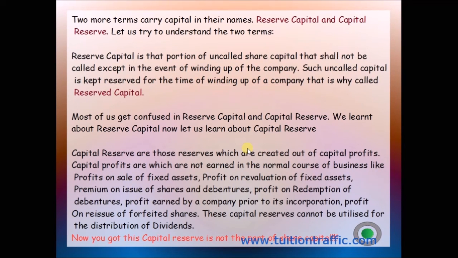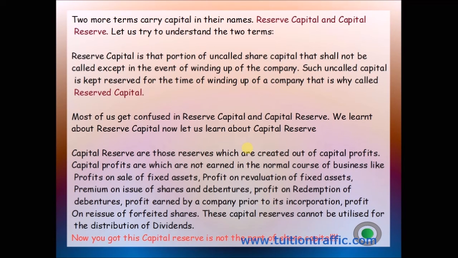Now two more terms carry capital in their name. First is reserve capital and the next is capital reserve. Now what is reserve capital? Company may sometime decide to keep some portion of their capital as a form of reserve so that it can be called upon in the event of winding up.